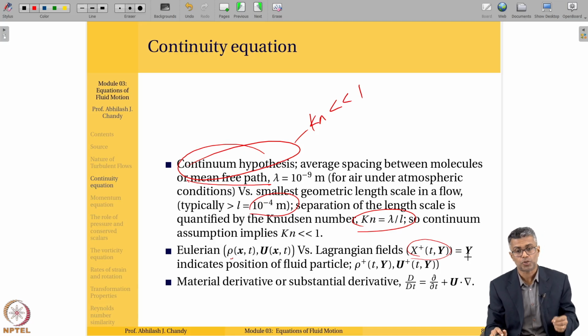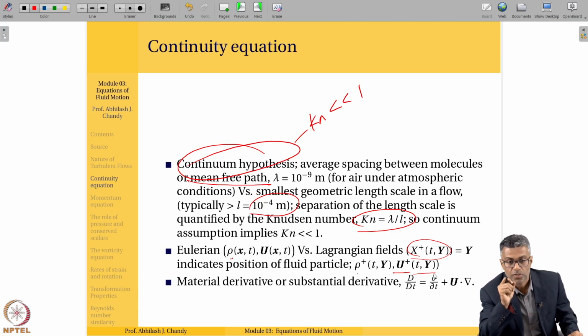That will indicate the position of the fluid particle, and then you would have rho plus, which is the density of the fluid particle, again a function of t comma y, and u plus, which is the velocity of the fluid particle, which will again be a function of time and the position as well. So t comma y. I hope that is clear. Eulerian versus Lagrangian.